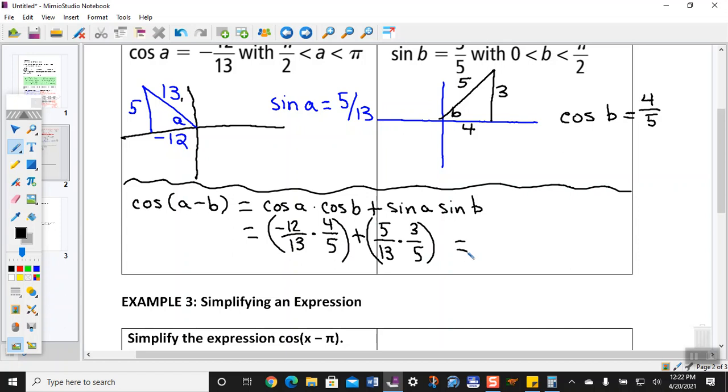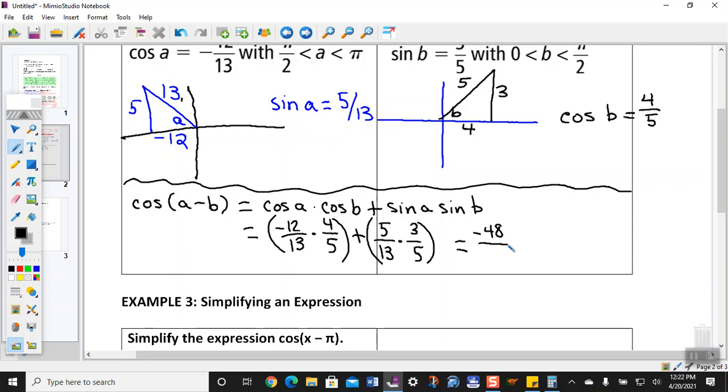Guys, up top here, what's negative 12 and 4 going to get you? Negative 48. There you go. How about 13 and 5? 65.